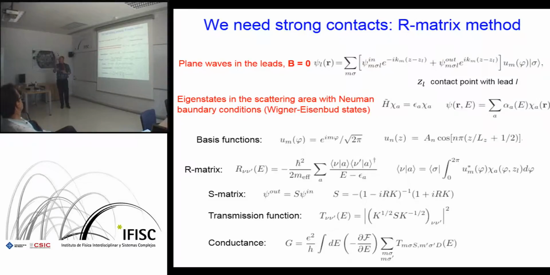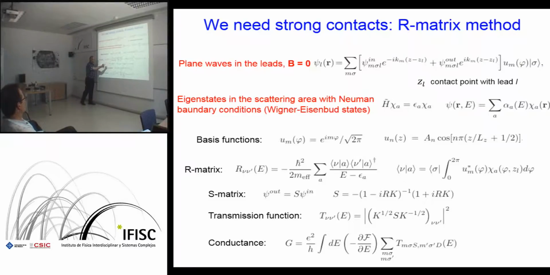Once you have these states with Neumann boundary conditions, then you have to describe the wave function in a basis corresponding to these eigenstates and make continuity of the wave function with the states that exist in the leads, presumably plane waves.